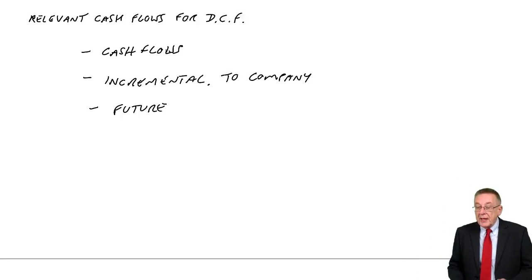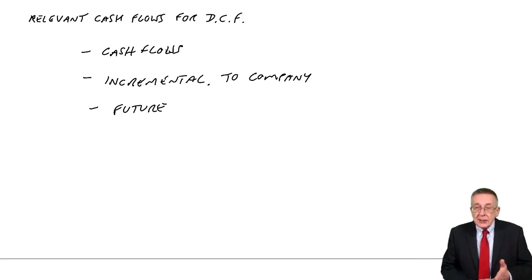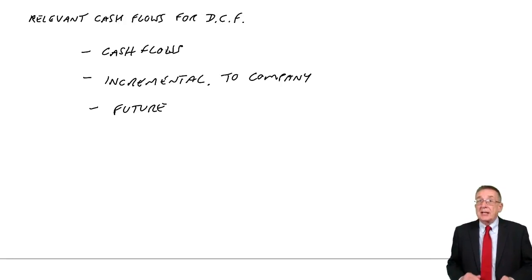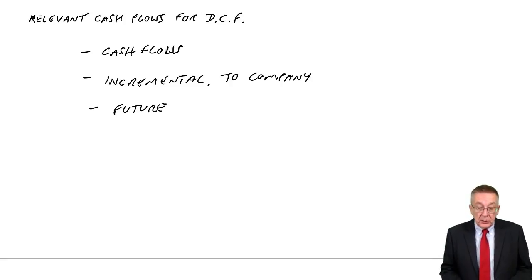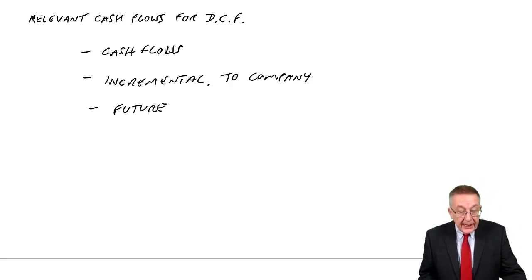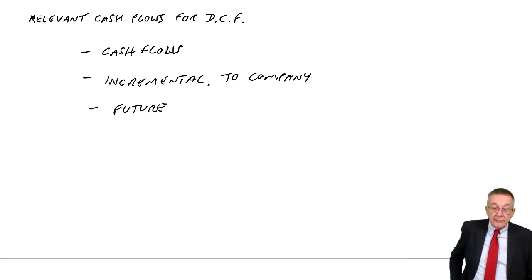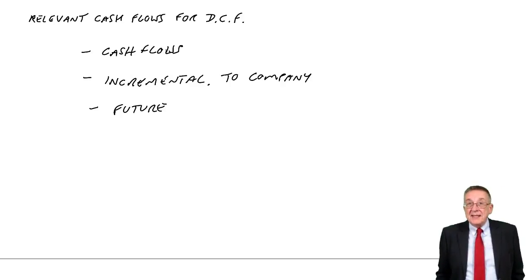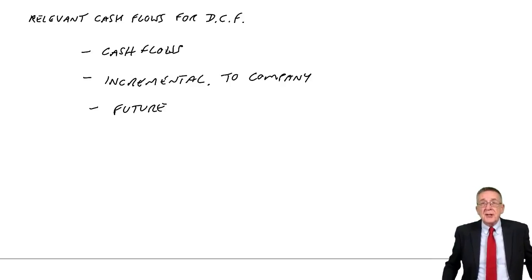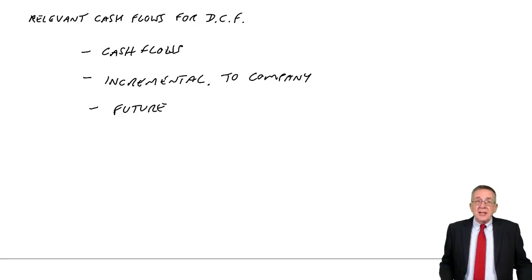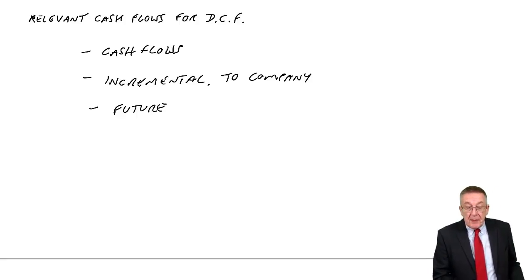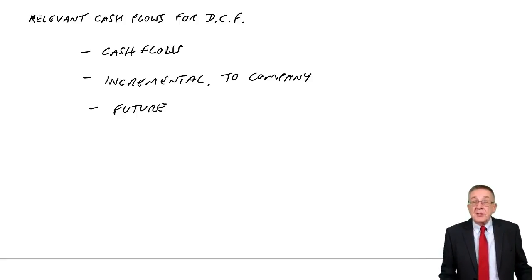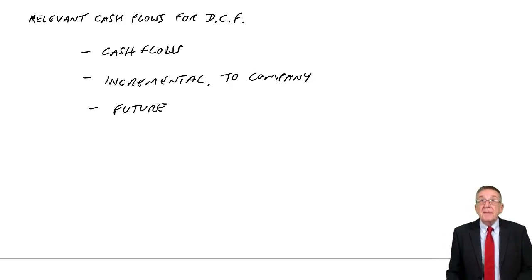So always we're looking at future cash flow effects, extra cash flows that will occur to the company as a whole. And again, as I've written there, we're not interested in the following: money already committed. That's like this market research. If we've already spent or know we're going to have to spend 50,000 on market research, whatever happens, it's irrelevant.